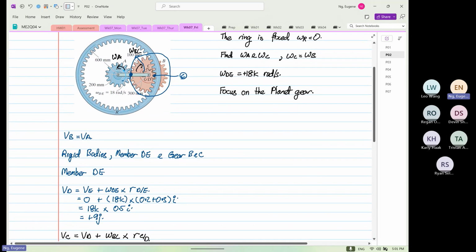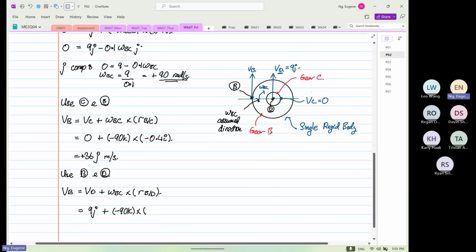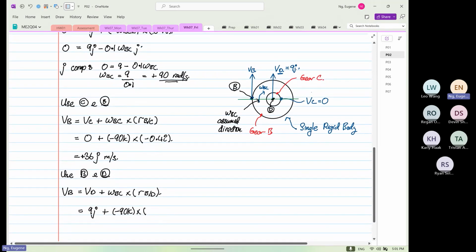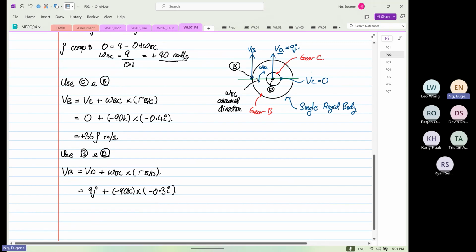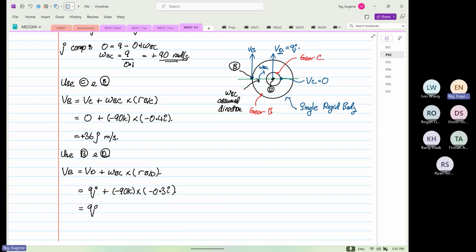The gear is 0.3, so minus 0.3 I. This will be equal to 9J, negative, negative, positive, K cross I is positive, plus 90 times 0.3 is equal to 27, so 27J. So the outcome is positive 36J meters per second.